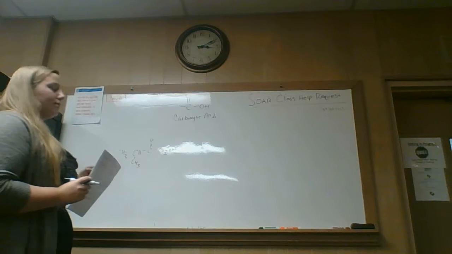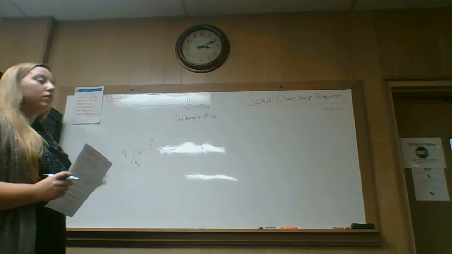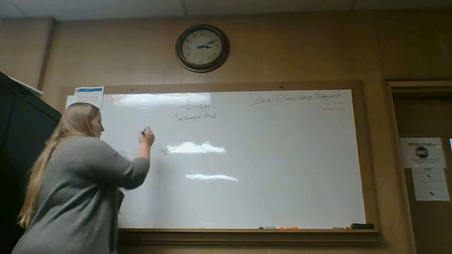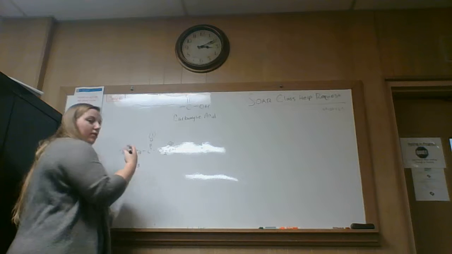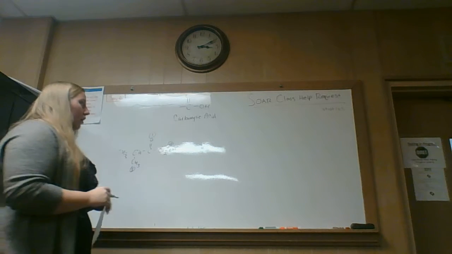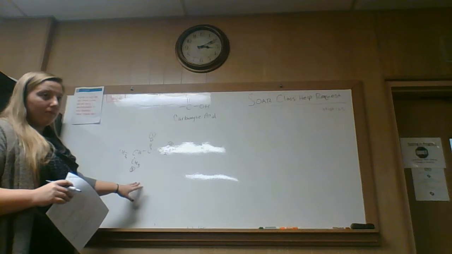What would have the highest priority? The carbonyl. Yep. Second priority? Alcohol. Good. And then something else. So that could be an alkyl group or a halogen, something like that.